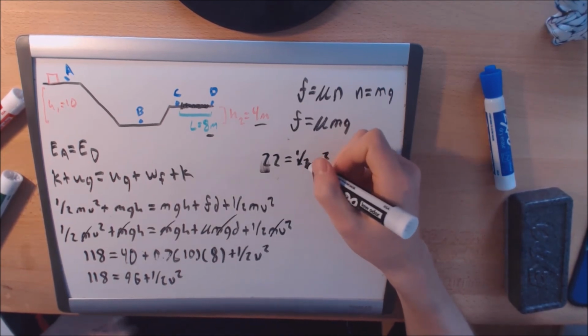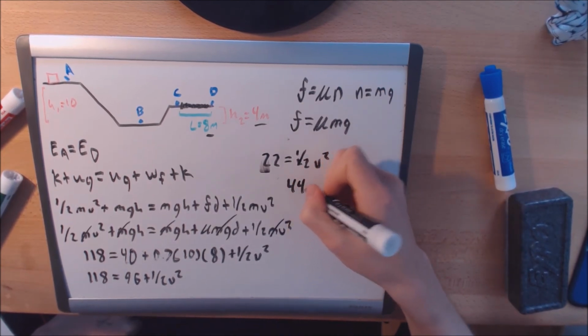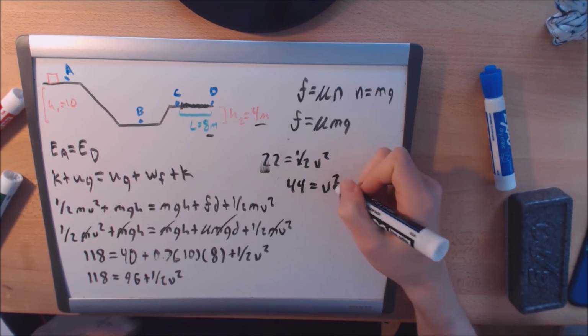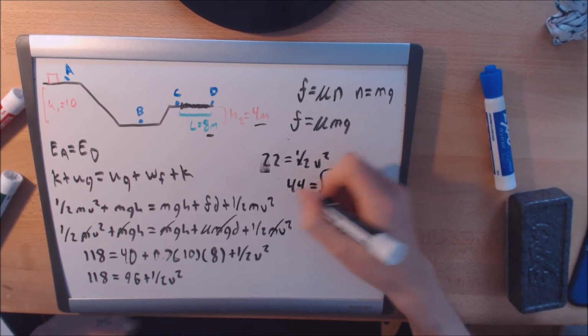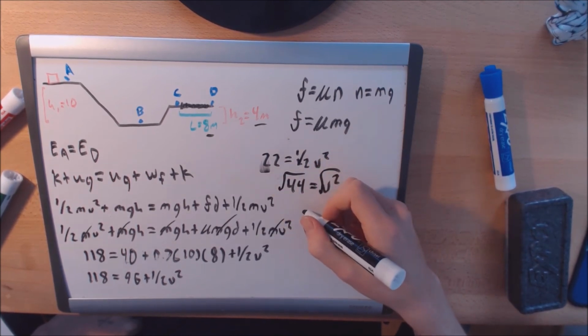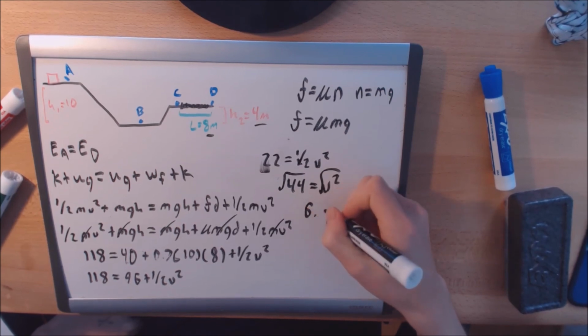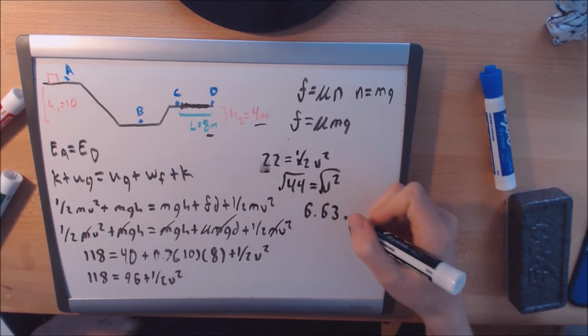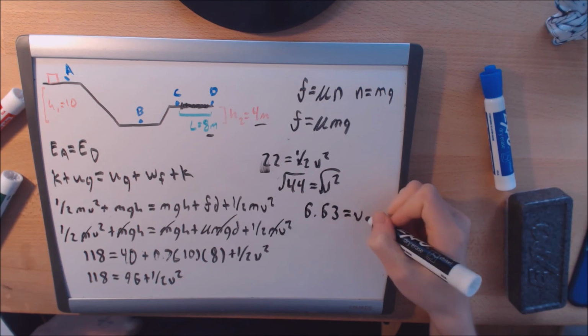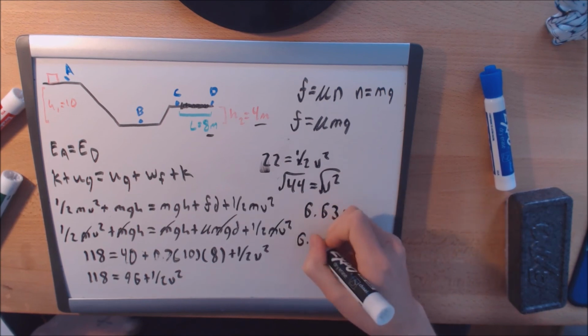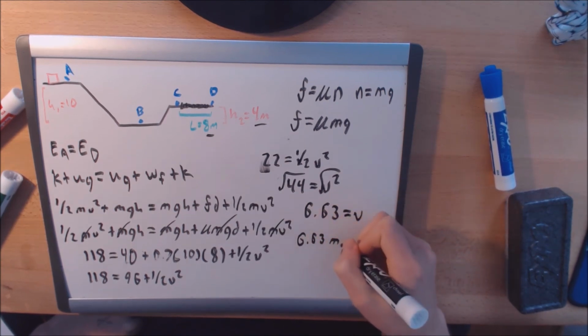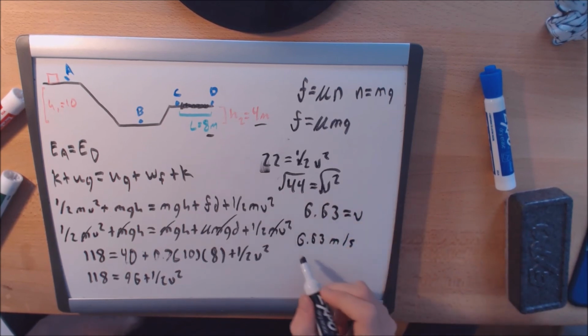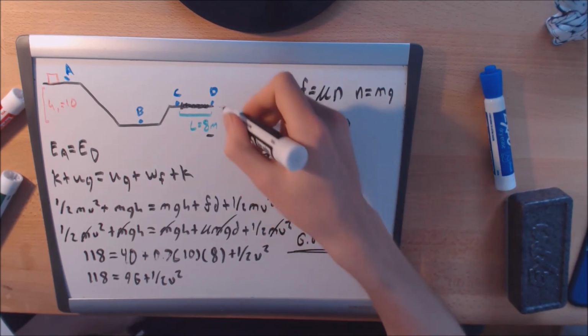Multiply by 2 to get rid of the half. It's going to get 44 equals v squared. And then square root both sides. And we find that 6.63 equals v. That's 6.63 meters per second. So this is the speed of the block at D.